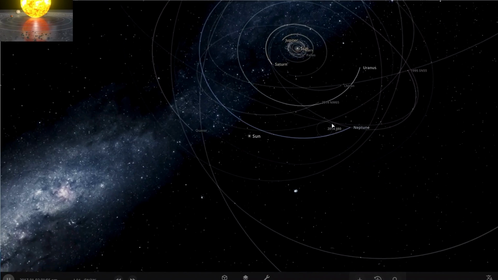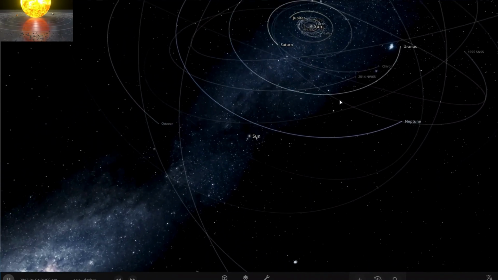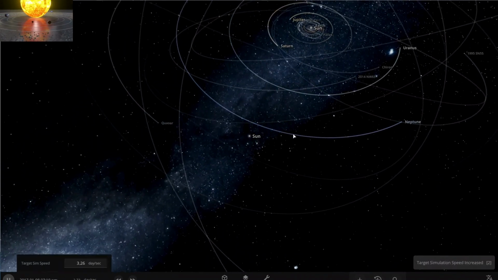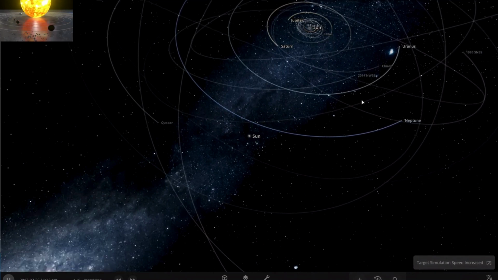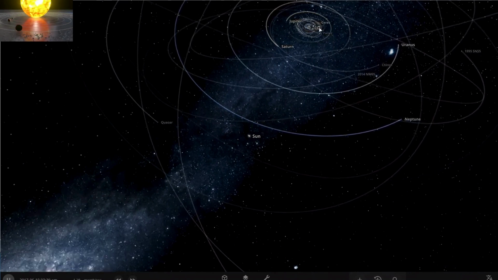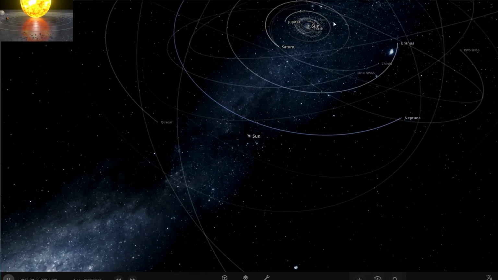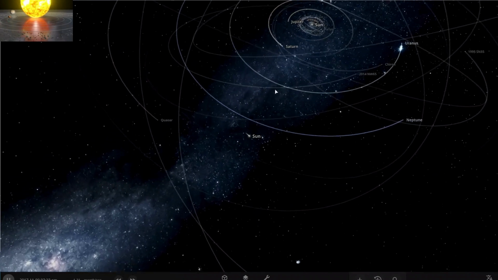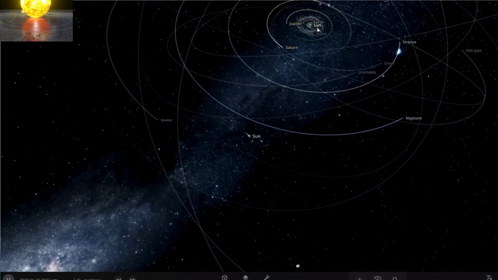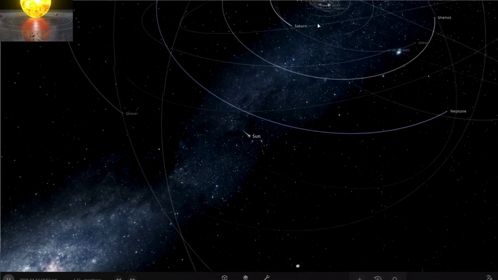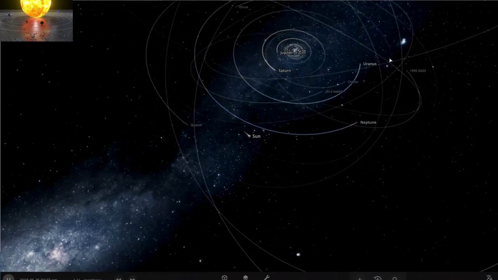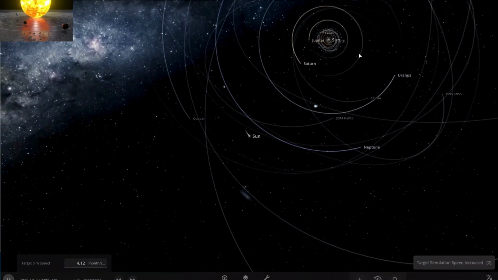From this point of view, I think we can see what's going on. I will just increase the speed of the simulation. I think something is happening there. I guess these two suns get closer to each other, and the orbits of all planets would be changed.